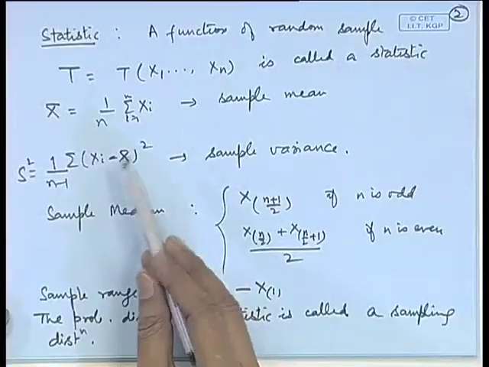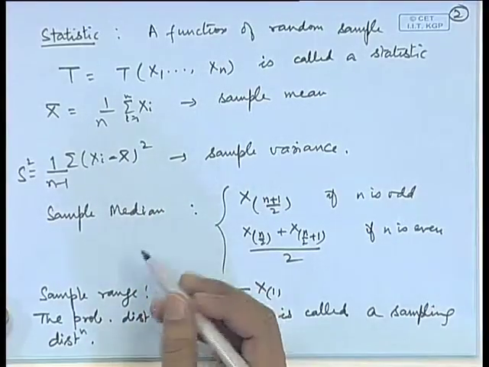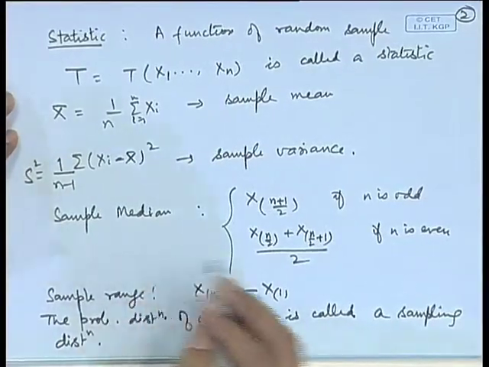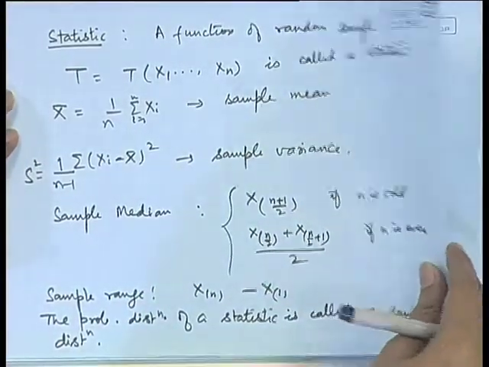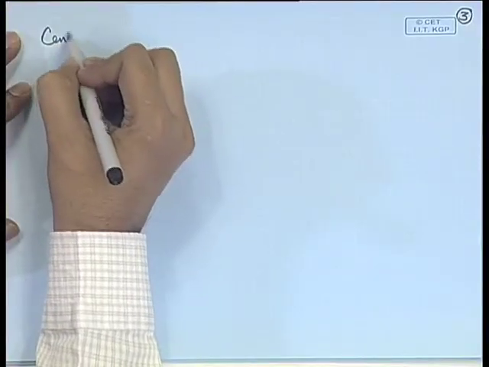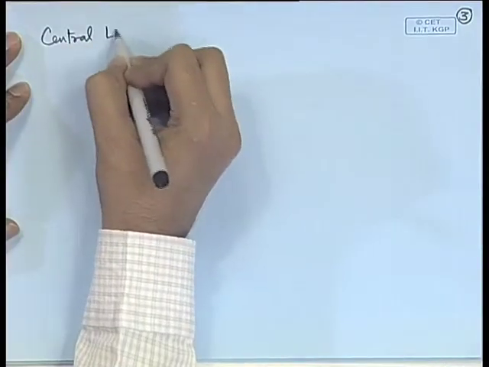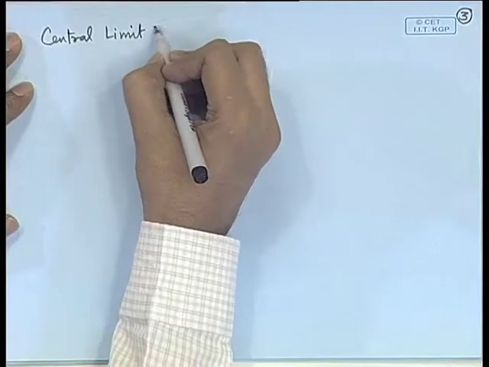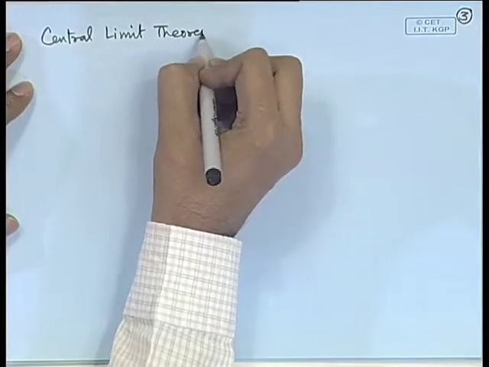However, there are some particular characteristics, such as the sample mean or the sample variance, which play a very important role, and here we will consider their distributions. One of the first results related to the distribution of the sample mean is quite important in the sense that it applies to a very large number of situations. It is known as the central limit theorem.